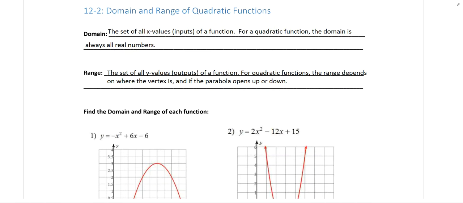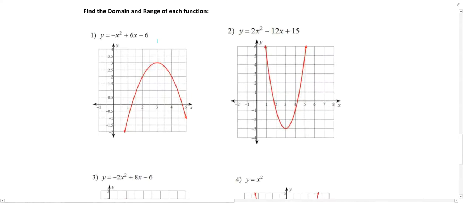So as you can see, the domain is the set of all of the x values, the inputs of a function. And so let's think of it as what you can plug into a function. And when you look at it graphically, you can see that the graph is going everywhere along the x-axis.